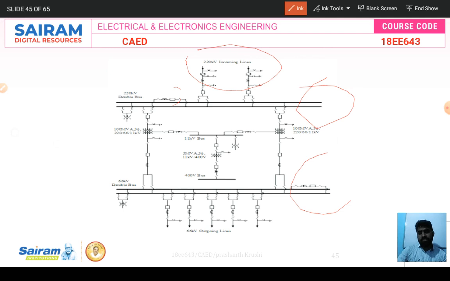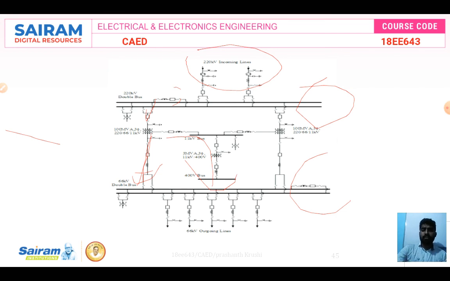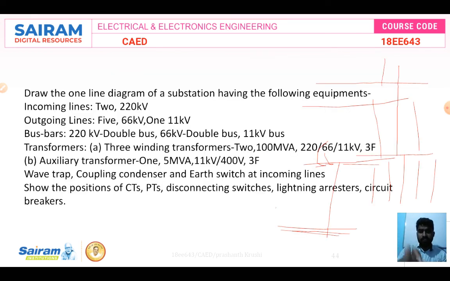And I mentioned the auxiliary like a substation, what they mentioned: 220, 66, 11 kilovolts. So here 220 is coming, 66 here, 11 kilovolts, right? Then it is fine. I thought I directly take 66 kV to 11 kV, so I just inserted it into the 66 kV bus bar, keep it in your mind.